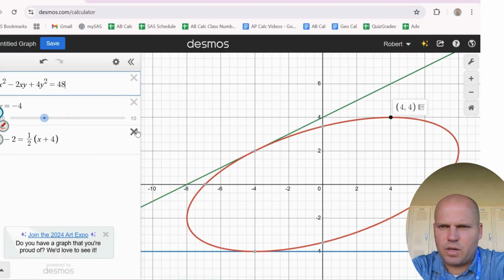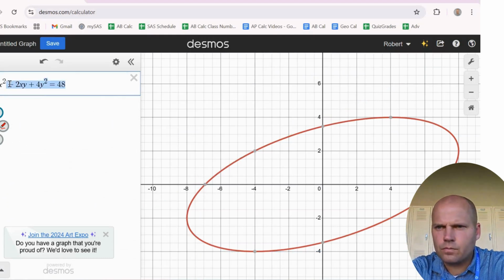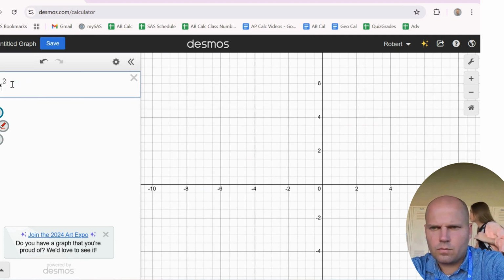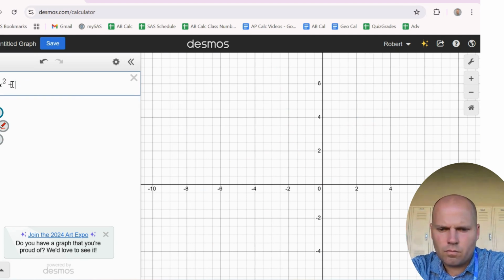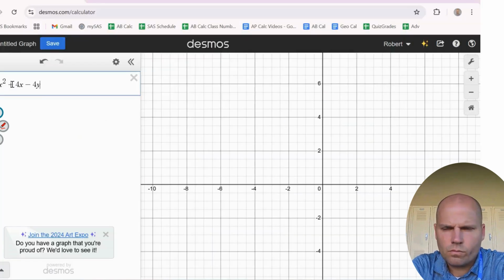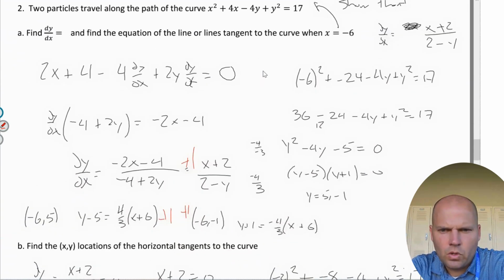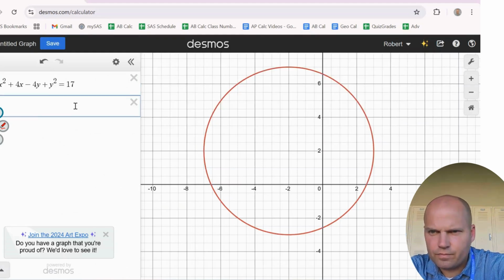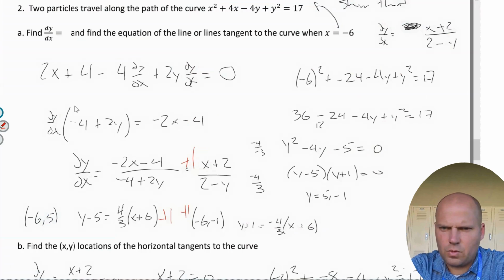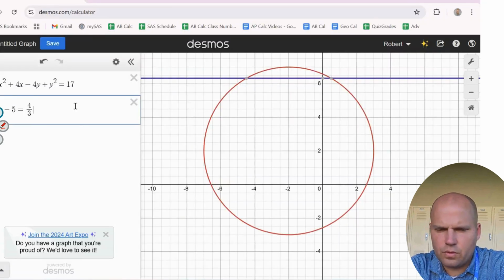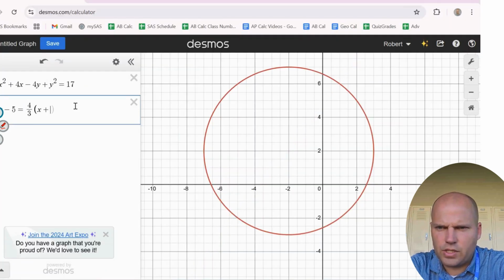x squared plus 4x minus 4y plus y squared equals 17. Okay. We got -6, 5 and -6, -1. So we got y minus 5 equals 4/3 times x plus 6.